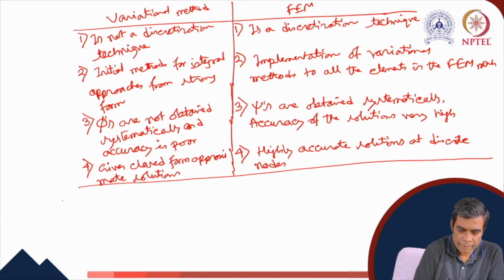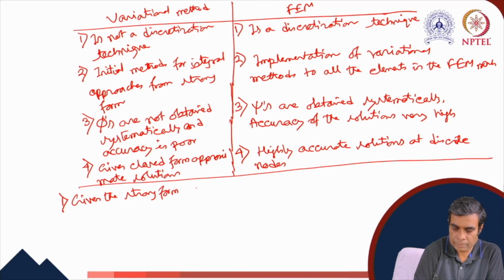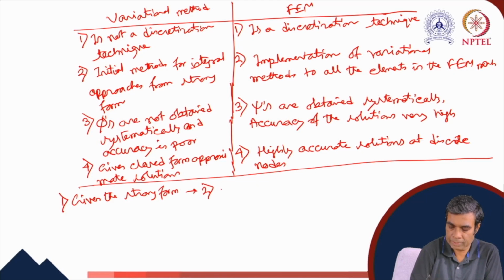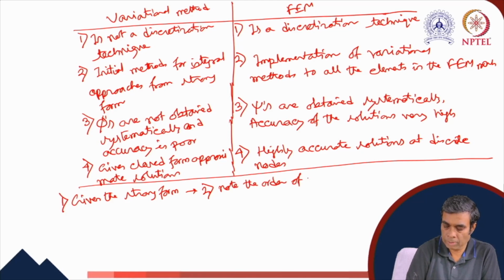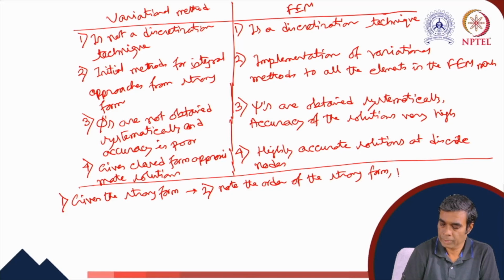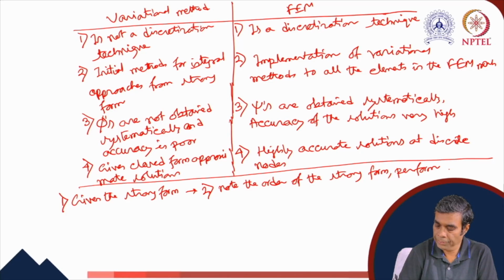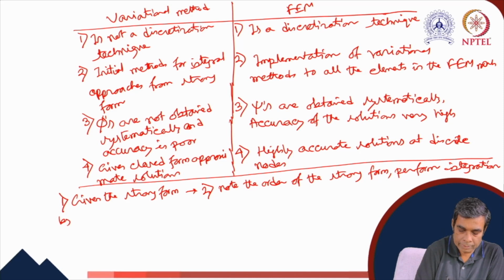The first step is that, given the strong form, the second step is to note the order of the strong form, and perform integration by parts half the order of the strong form.